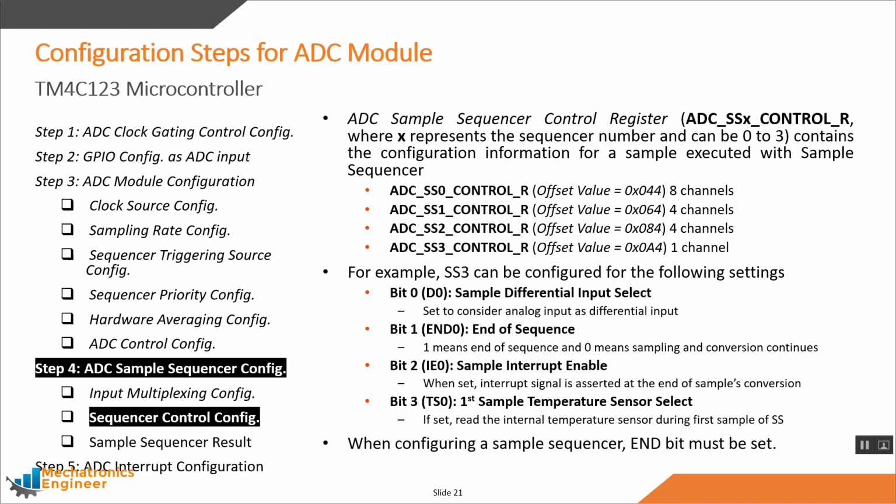The third bit is the sample interrupt enable, which is used if you want to generate an interrupt when the sample sequencer has completed its processing. And the fourth bit, which is bit 3, corresponds to the first sample temperature sensor select. When this value is set, it reads the internal temperature sensor during the first sample of the sample sequencer.